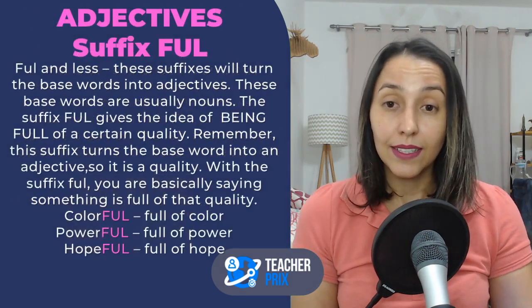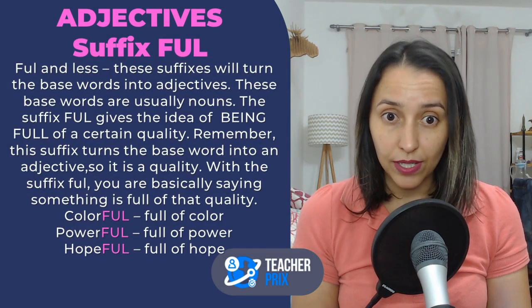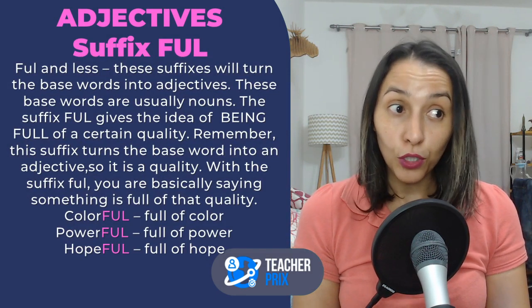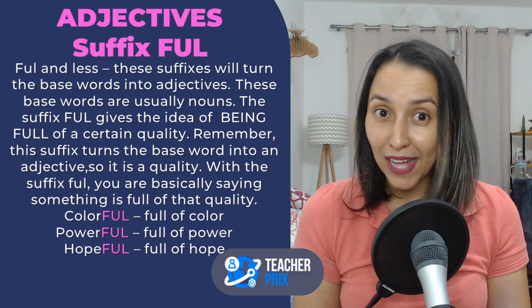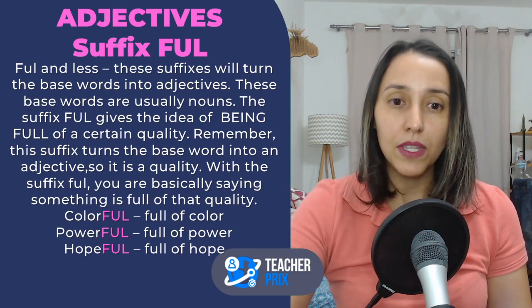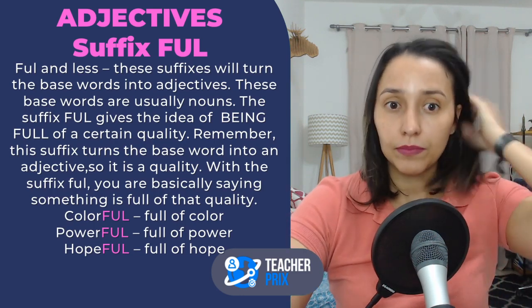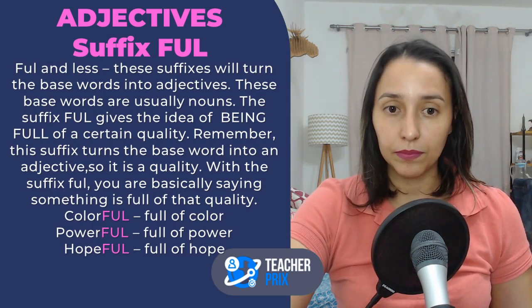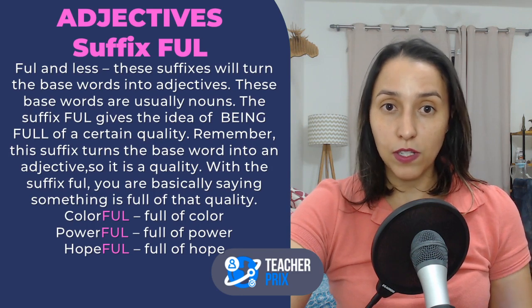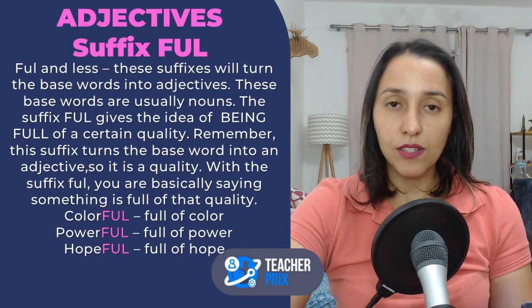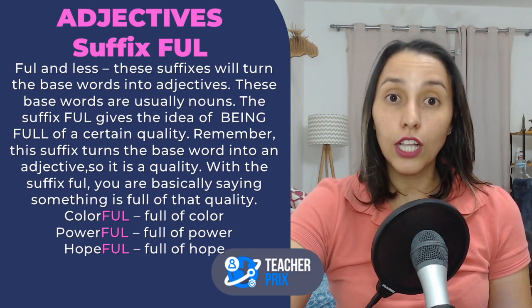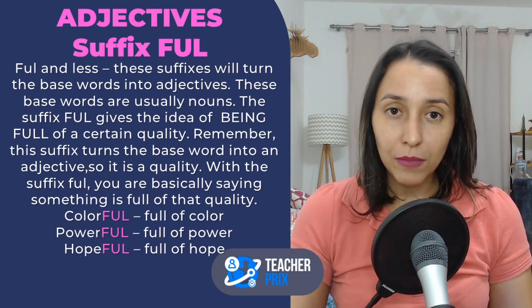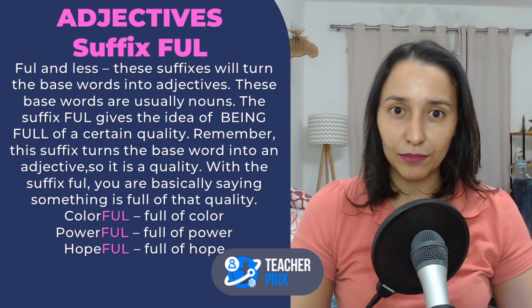Now here, as I'm showing you adjectives, it's going to be full of a certain quality, depends on the word, okay? So for example, color. Color is a noun, color, blue, yellow, pink, color. If I use, and it's possible for me to use the suffix full, colorful. Colorful means full of color, okay?